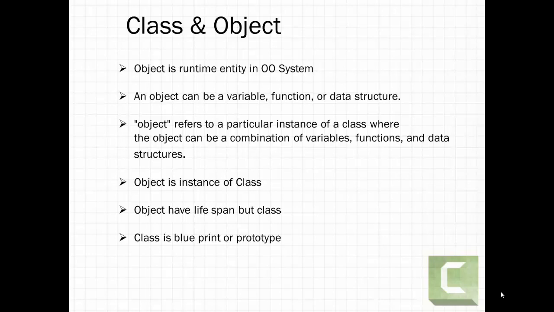Object refers to a particular instance of a class. Object is an instance of a class. Object has a lifespan, but class doesn't. What does it mean? When you create an object and use it, and after use you destroy it, it has some lifespan, but class doesn't. Class is a blueprint or prototype of the object, or you can say it is a pictorial way of showing the object.